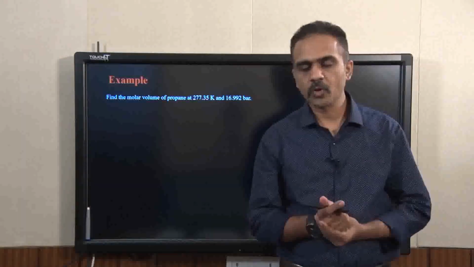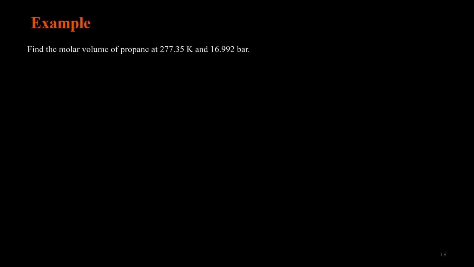Find the molar volume of propane at 277.35 Kelvin and 16.992 bar. We still want to use the Lee-Kessler tables. We'll do a similar exercise as we have done earlier and quickly calculate TR, which is T over TC, and in this case it is 277.35 over 369.8, which turns out to be 0.75.